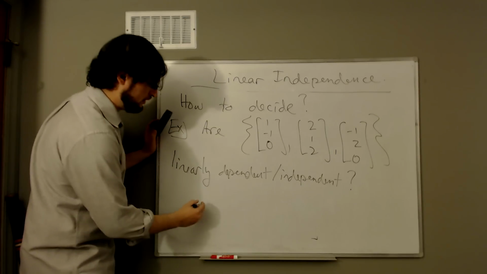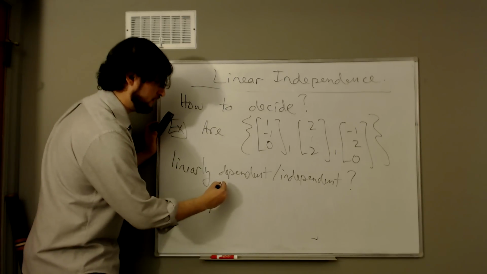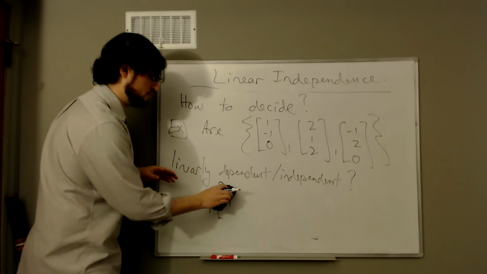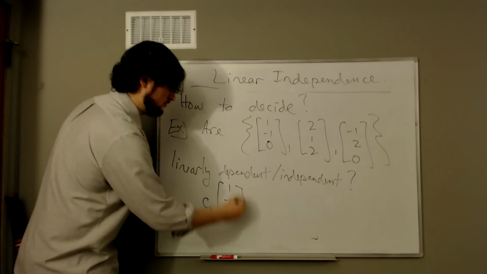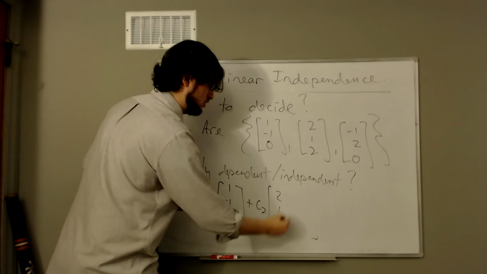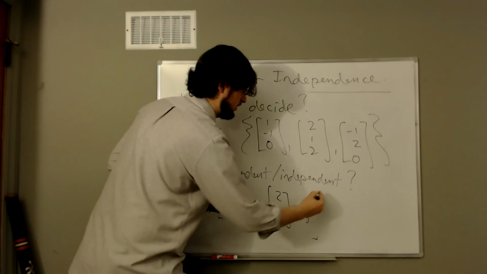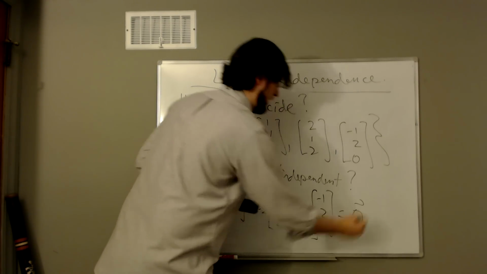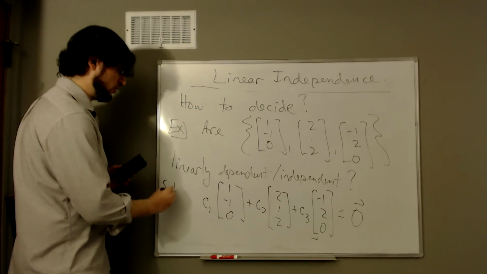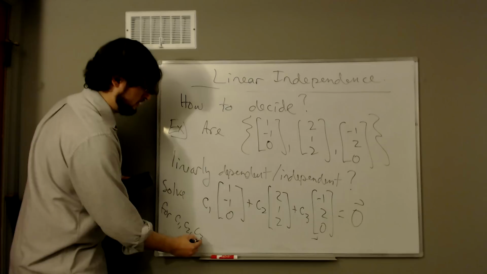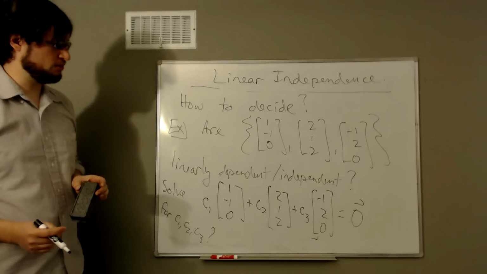So what I'm really looking for here is C1 times 1, -1, 0, plus C2 times 2, 1, 2, plus C3 times -1, 2, 0, and I'm trying to get 0 back. That's what we're looking for. Solve this for C1, C2, C3. Can I do that? That's our question.